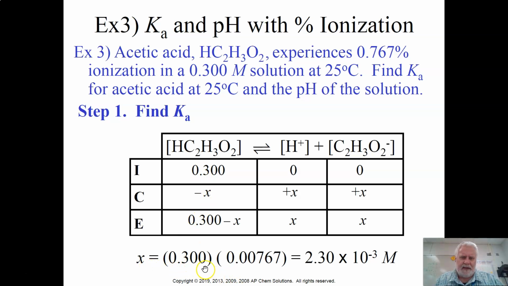Taking the original concentration and multiplying it by, and this is important, remember it's a percent, so you have to move that decimal point 2 places. So you can see that this is the molar concentration, so that would equal this, which of course would also equal the hydrogen ion concentration.